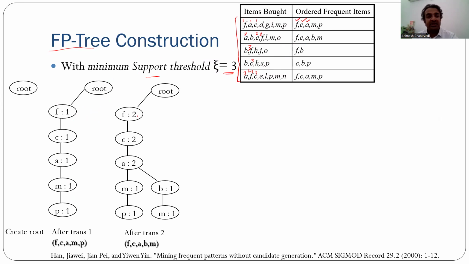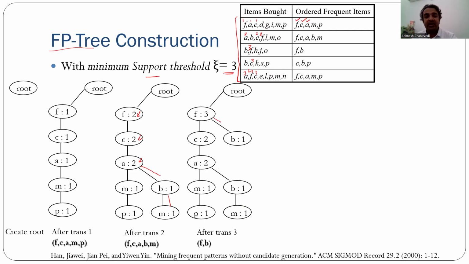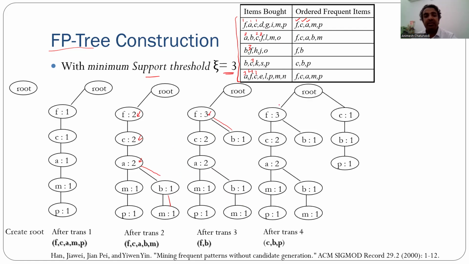From the second transaction you just have to increment F by 1, C by 2, A by 2, and create a branch with B and M. Thereafter you make one branch from F to B and increment F by 1. Then you have another branch to be added: C, P, and M.